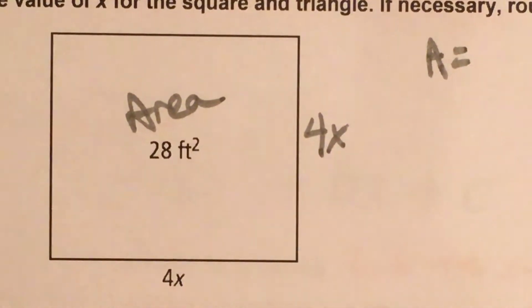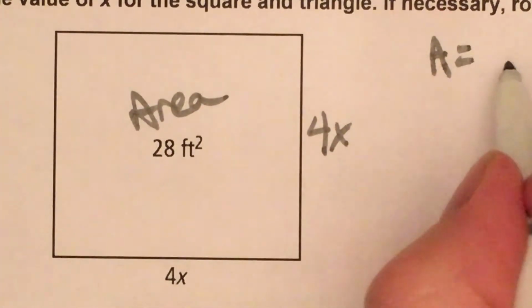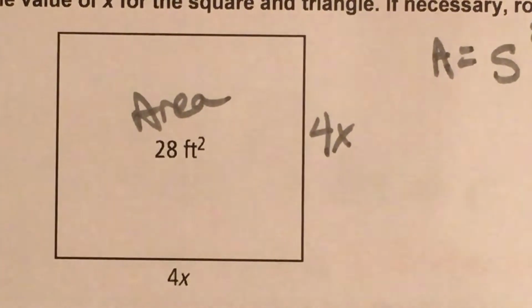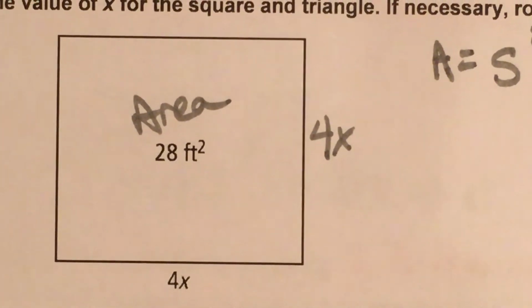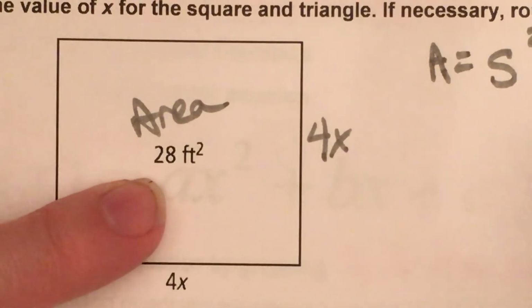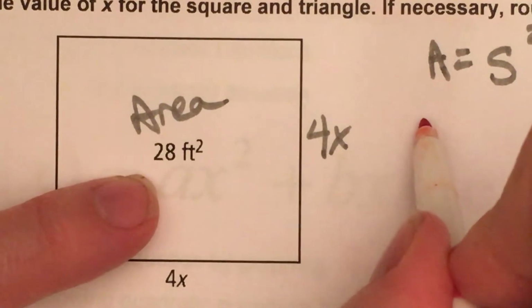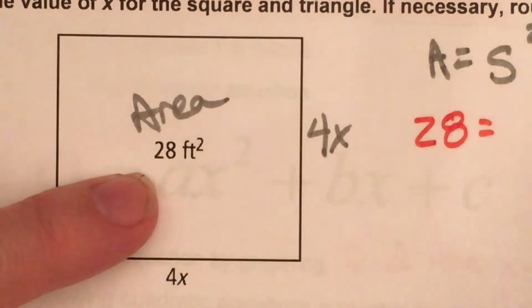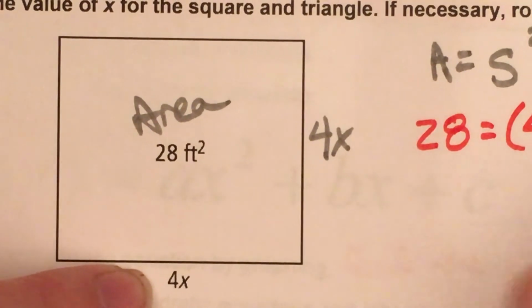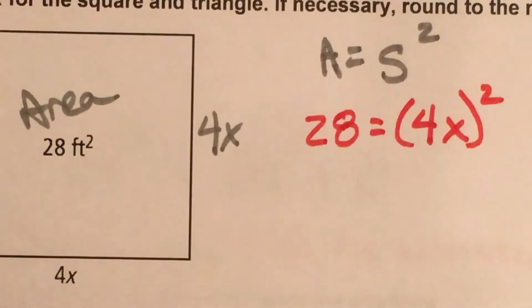So the formula to find the area of a square is side squared. We know that this particular area is 28. And we know that the side is 4x squared.